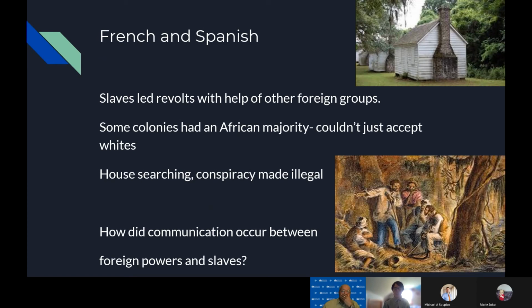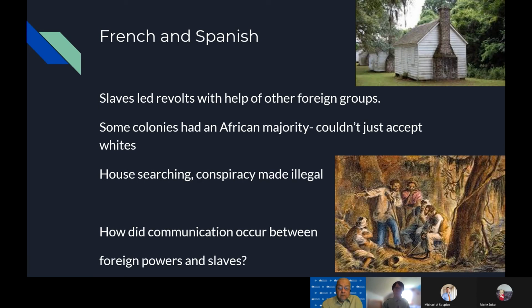And so they got to talking with these groups, and they would pass information back to where they came from. So slaves led revolts with help of other foreign groups. Obviously, the French and Spanish had an interest in taking down British colonies.